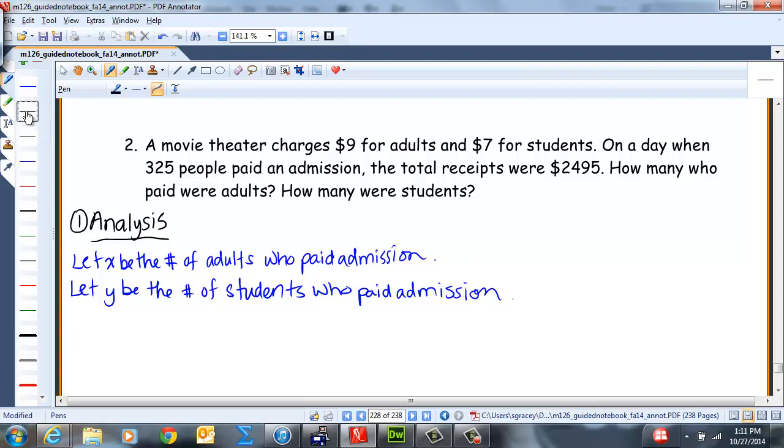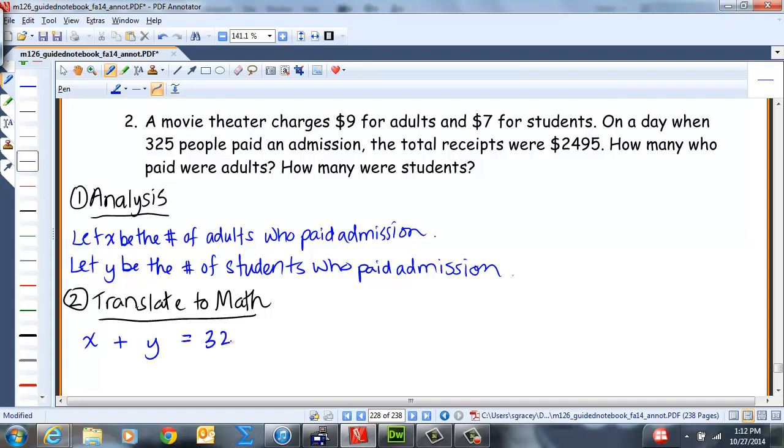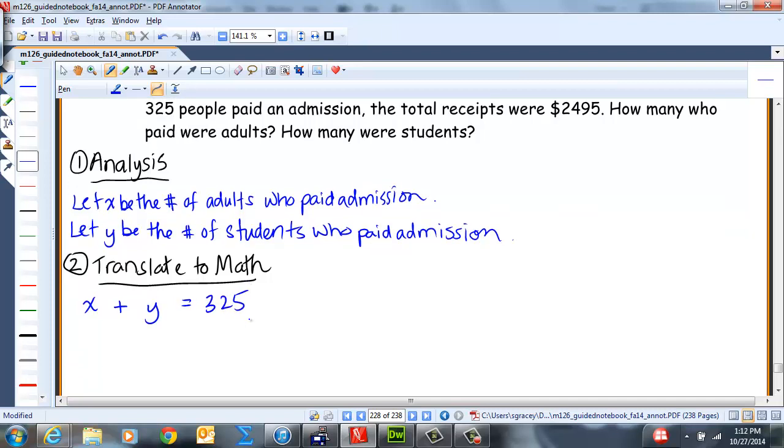So we have some information. One piece of information we have is, good, we know how many people paid for admission, right? So why don't we go with that one first? So how many people paid admission? Great, 325. And there are adults and students who paid admission. So that's our very first equation.